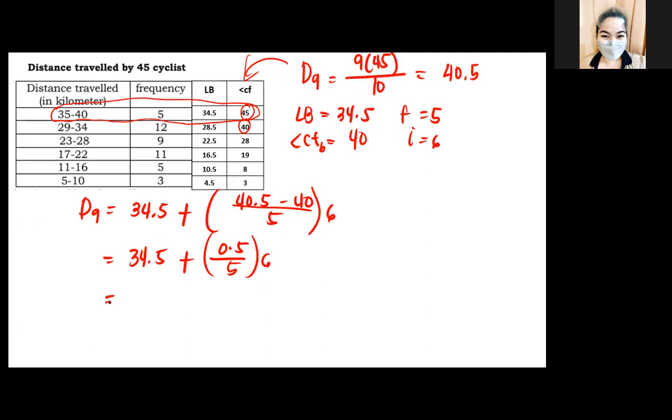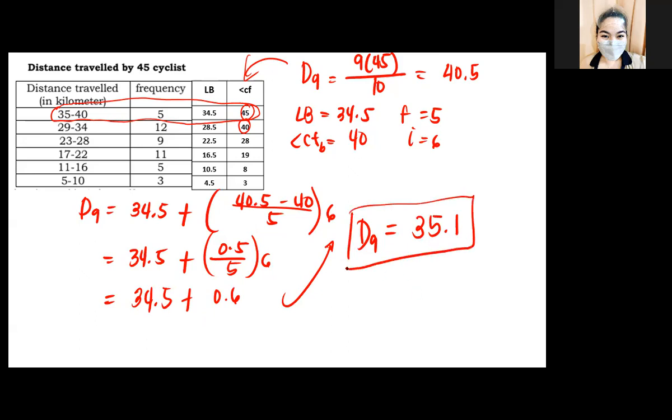So, ano yung magiging answer natin dito? 34.5 plus, anong i-add ko? 0.6 po. 0.6. So our D sub 9 is 35.1. And still, si 35.1 ay included sa 35 to 40. Okay, so naintindihan na how to get the decile.